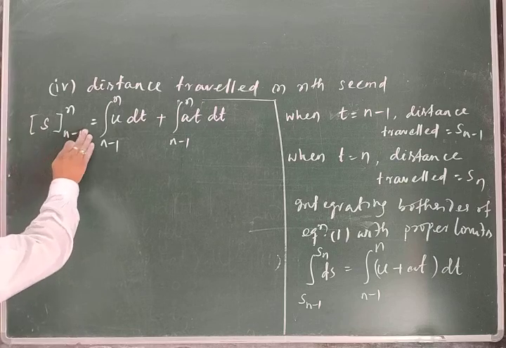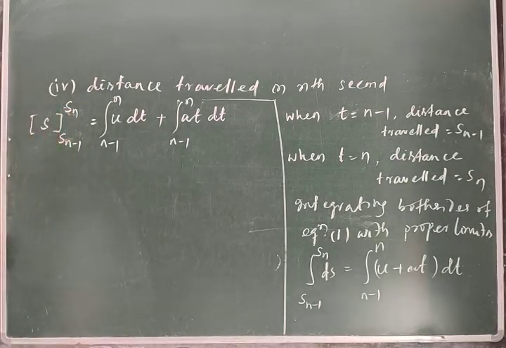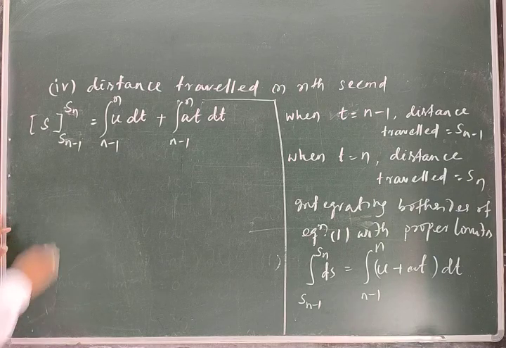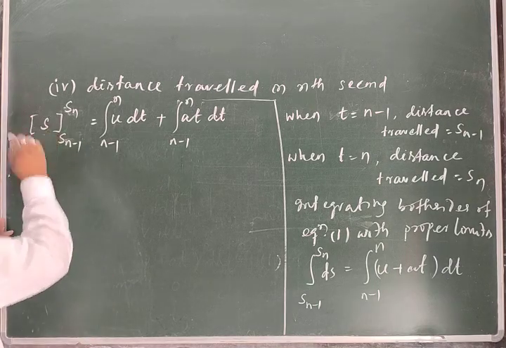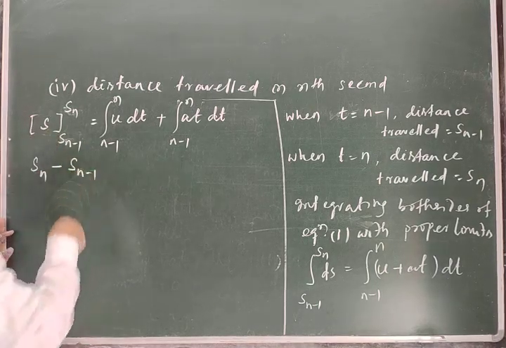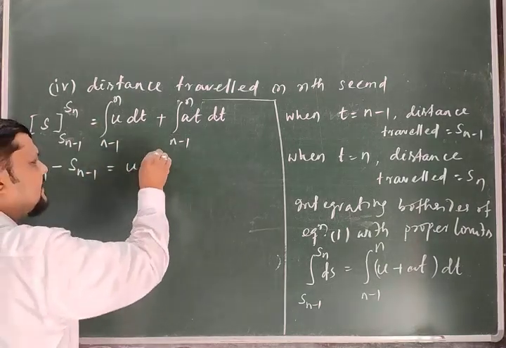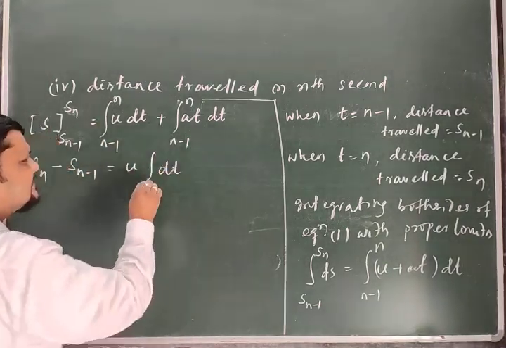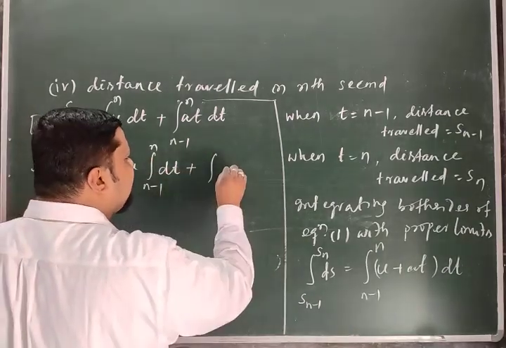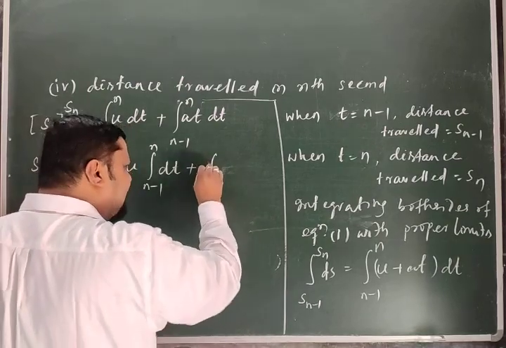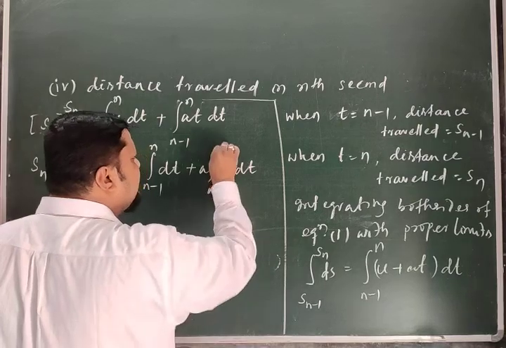So now, this is not n-1, this is S(n-1), and this is S(n); the limits are S(n-1) to S(n). Now put the upper limit S(n) in place of S, minus the lower limit S(n-1), equal to u, a constant, times the integration of dt with limits n-1 to n, plus the integration of a t dt, taking the constant a outside, from n-1 to n.